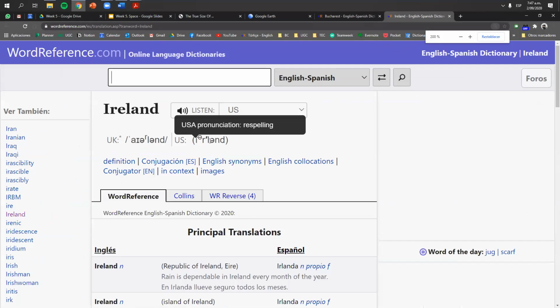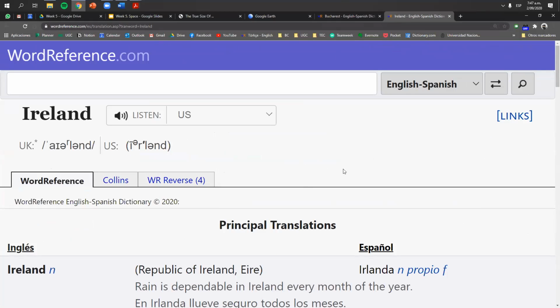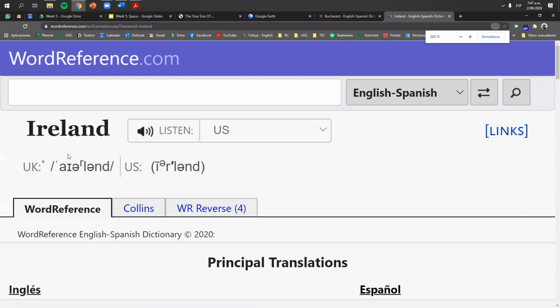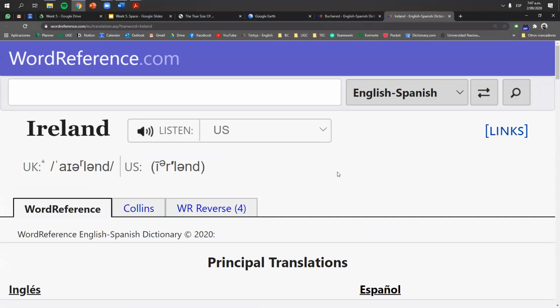So look, if you look for the cities, guys, it's not in this dictionary that I've been using, but here in WordReference you can find it. So look, it's 2 syllables, as I was saying. You see, Ireland. So we find the number of syllables. Remember that in English, we count syllables according to the sound.